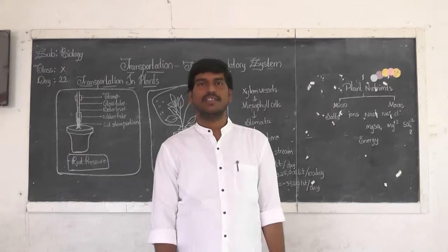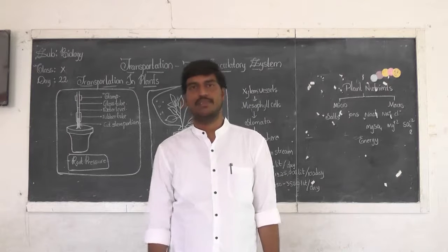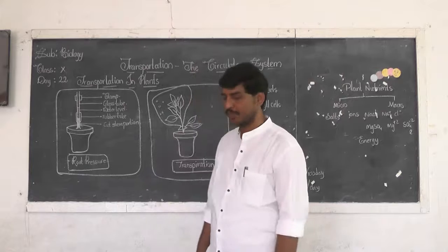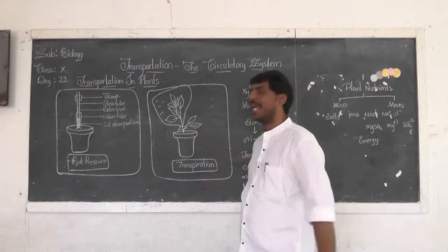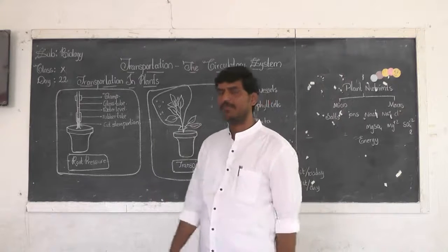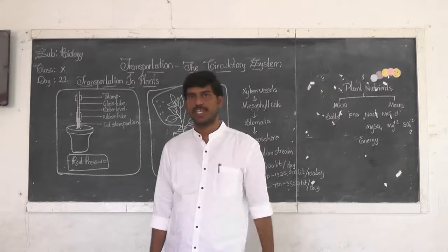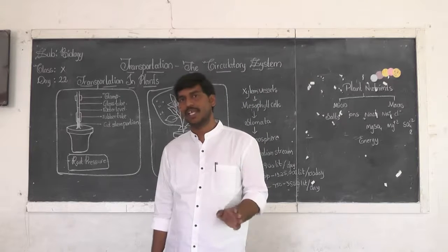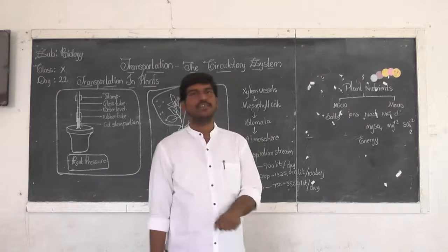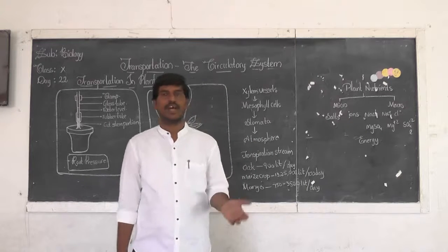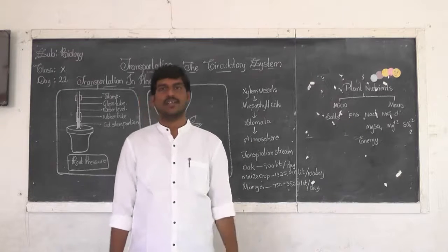Now today, let us see how this water is being supplied or transported to all the plant body, right? Generally, we water the plant at the root, and this water is being absorbed at the root. That is the reason the xylem vessels are exterior in the case of root.